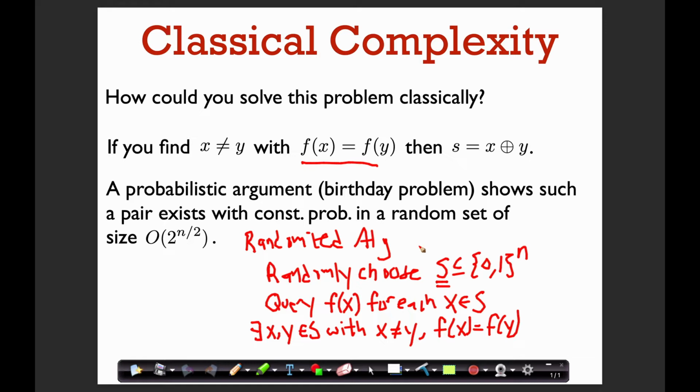You can show that this holds with constant probability if we take the size of S to be something like 2 to the n over 2, or roughly the square root of the size of the whole domain, the square root of 2 to the n.